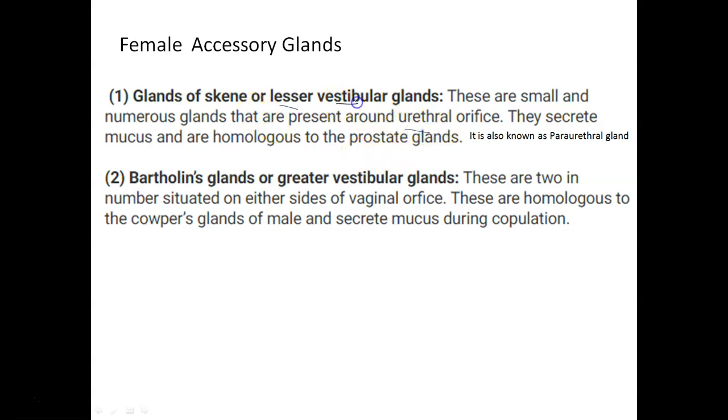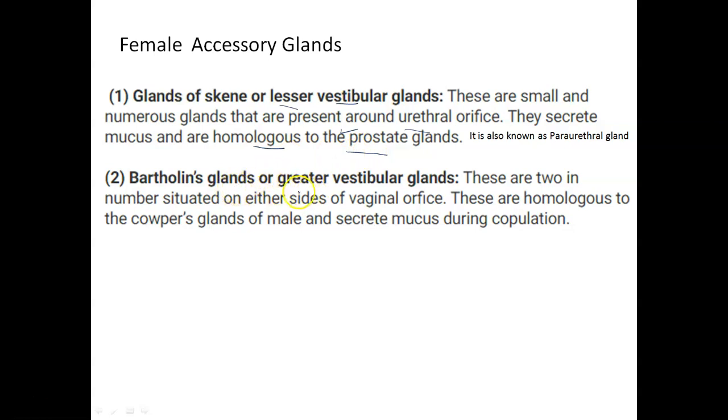Because they are present around the urethral opening, they are also known as paraurethral glands, and they are homologous to the prostate gland, because they secrete mucus.